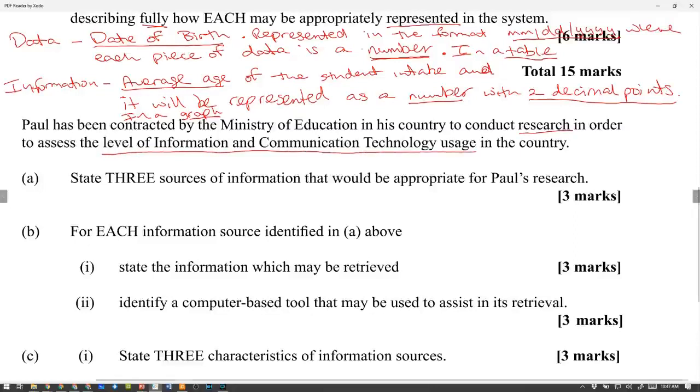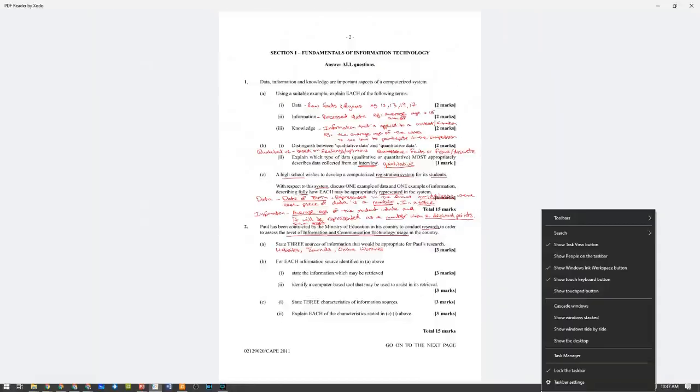All right, so 3 sources of information that will be appropriate for Paul's research. He is looking for ICT usage in the country, so definitely newspapers and those sort of things won't work out too well. We're trying to get the more technical ones. So we could say websites, journals, and online libraries.